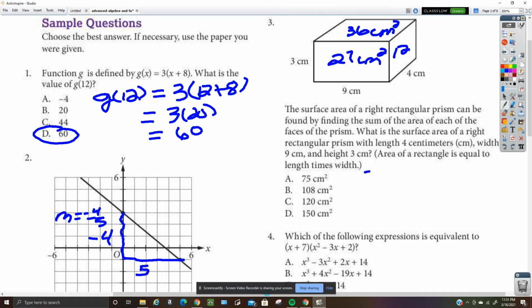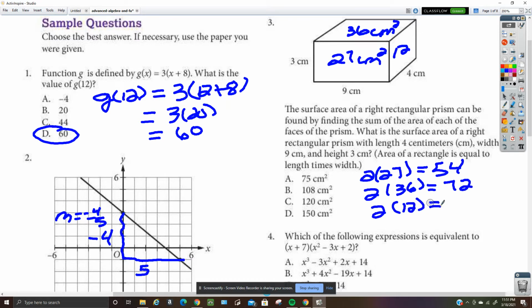So you want to do 2 times 27 is 54. 2 times 36 is 72. And 2 times 12 is 24. Add those together, get 10. Carry 1. 6 and 7, 13, plus 2 is 15. So 150 square centimeters.